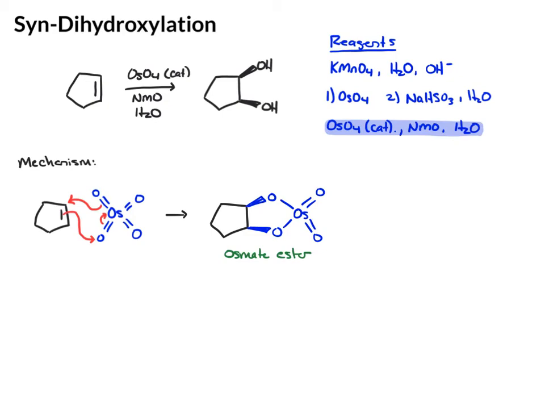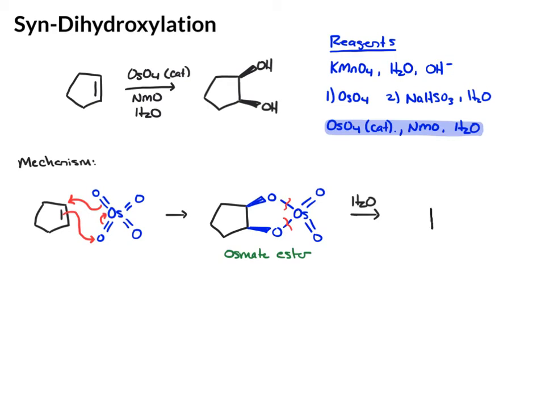From there, the water adds and cleaves the osmium-oxygen bonds. So it ends up giving a proton from the water to these oxygens, and then the OH from water adds to the osmium.